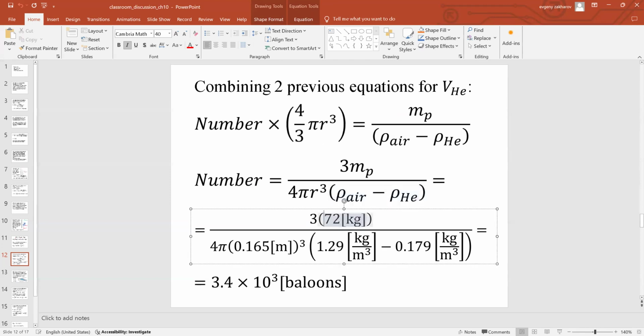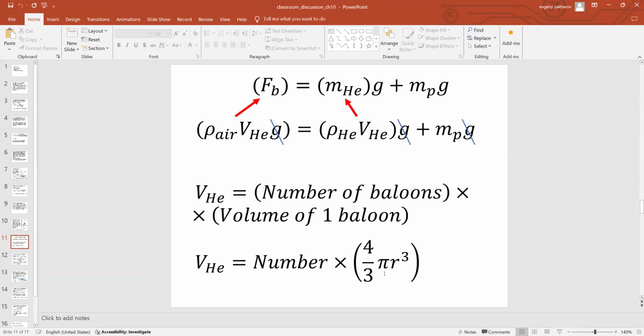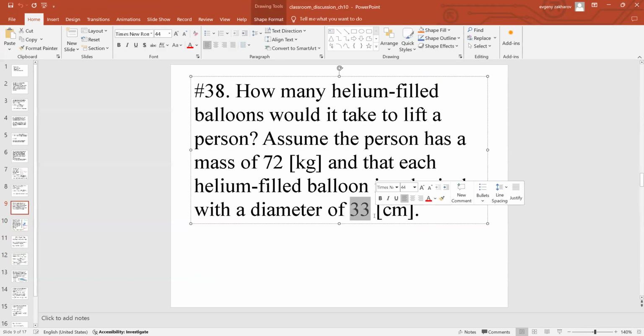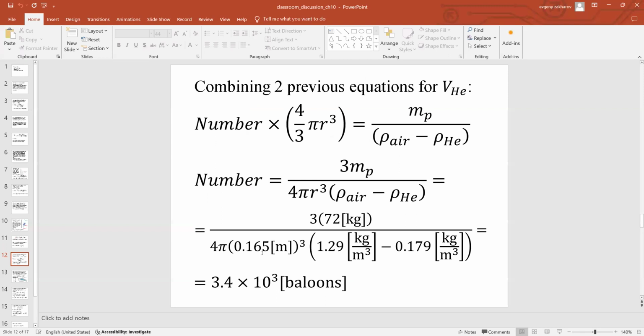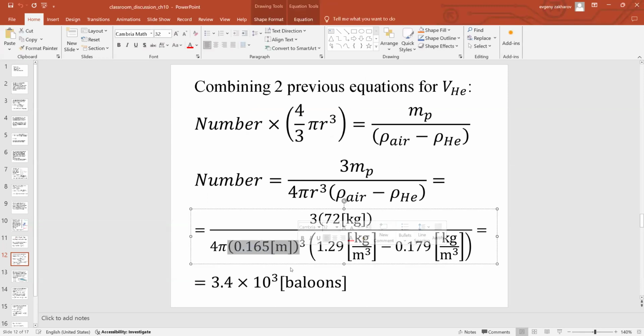I'm plugging in the mass of a person, plugging in the radius. Be careful, it's the diameter that is given as 33. You need the radius. Radius would be the diameter cut in half. So 0.165 for the radius. And then you cube it times the 4 pi. And this is the change in densities.